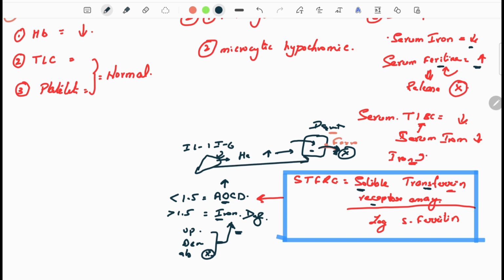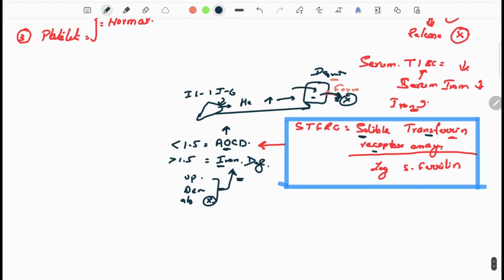So, this is the difference that you should remember to differentiate between iron deficiency anemia and anemia of chronic diseases. And the most important factor that you should remember is the soluble transferrin receptor assay to log serum ferritin ratio. It gives the difference between these two.